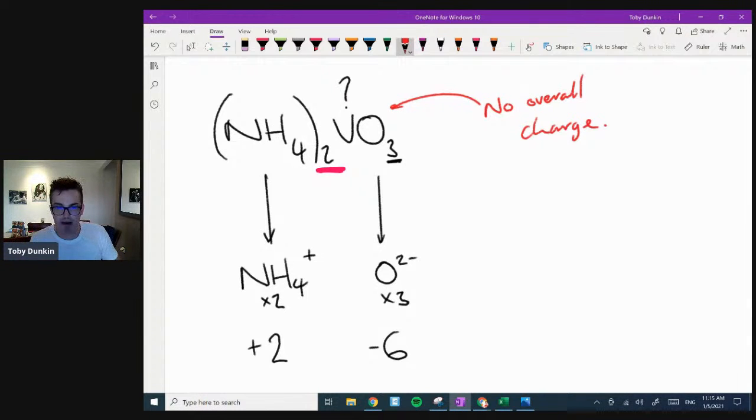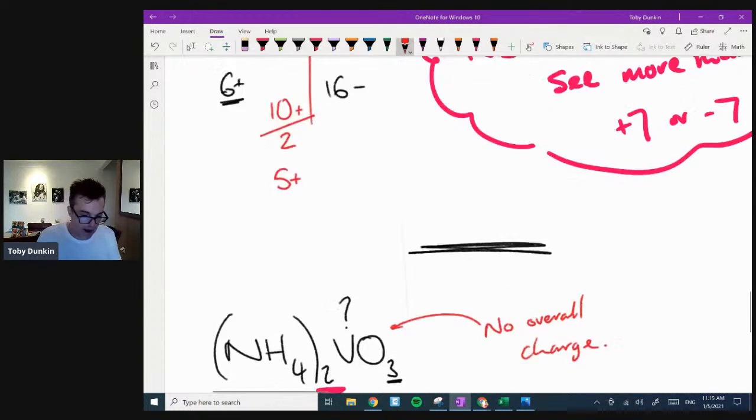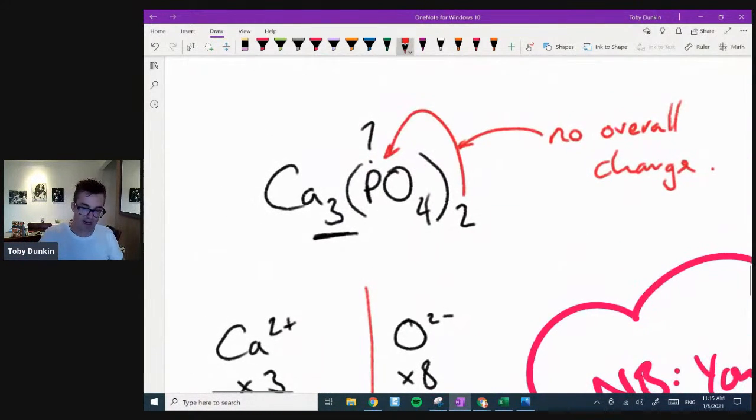So do you use complex ions? Yes, you do, Sian. If a complex ion is there, and they're not asking you about the atoms in that complex ion, you treat it as the complex. So I had a complex here, didn't I, of the phosphate ion.